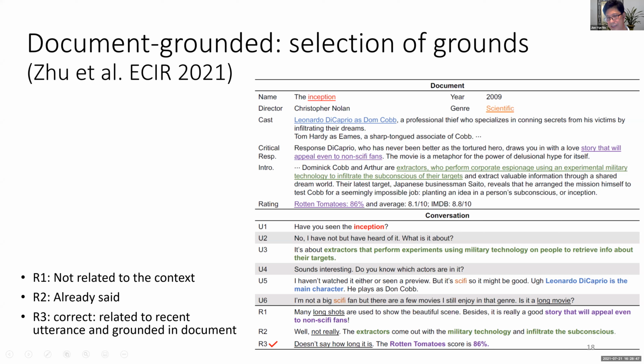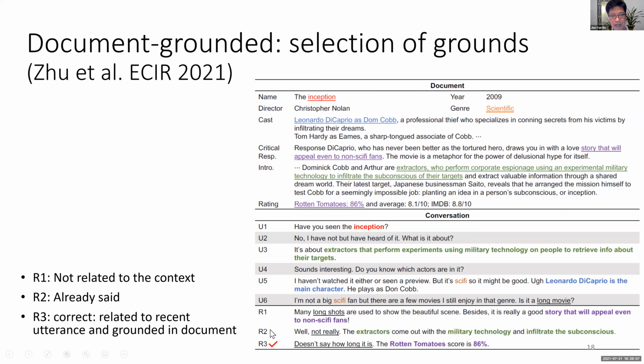So it asks about the length of the movie, but the first answer is not about the length of the movie, although there are long shots mentioned in the response. It is not relevant to the last utterance.